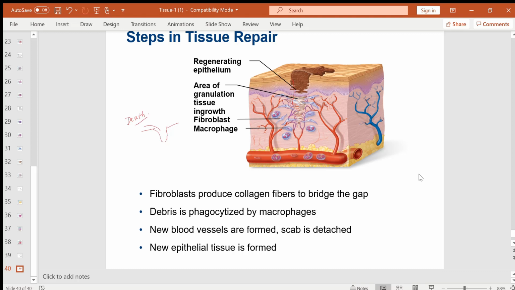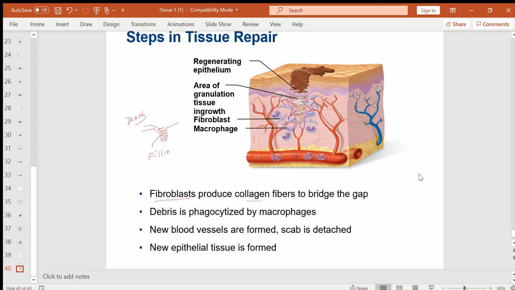So first this space or gap will be filled by collagen fibers. Who will produce the collagen fibers? The fibroblasts. Okay, so fibroblasts produce collagen fibers, and that will fill the gap. So the filling action is done by the fibroblasts.